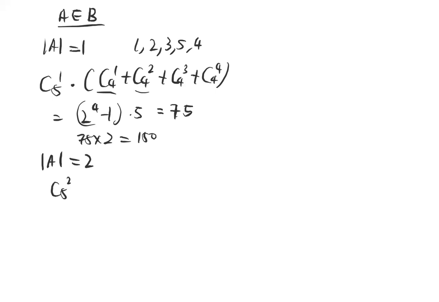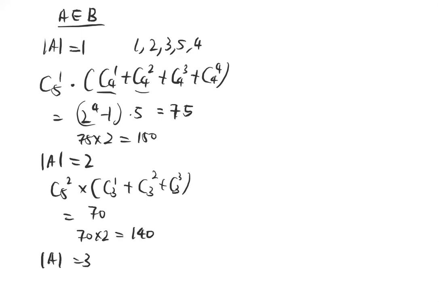We have 10 choices for A and only 3 choices left for B. By the same logic, we can continue to do all the rest. When A has 3 elements, then 5C3 times 2C1 plus 2C2. That's 30, so 30 times 2 is 60.